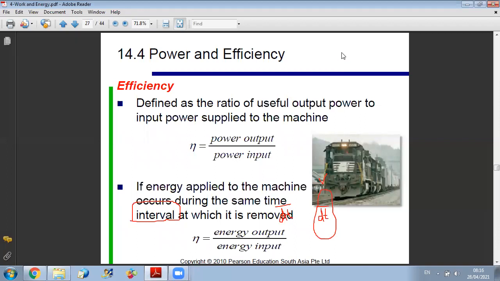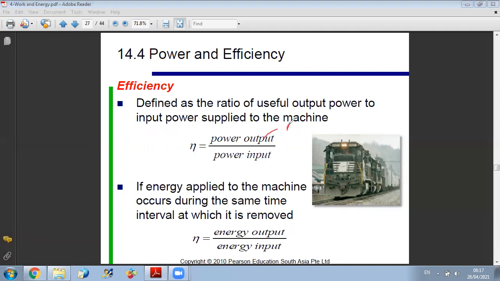Now, in case the energy provided and the useful energy by the machine occur in the same time interval, then we can replace the power by this formula.